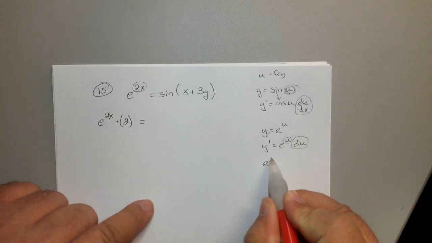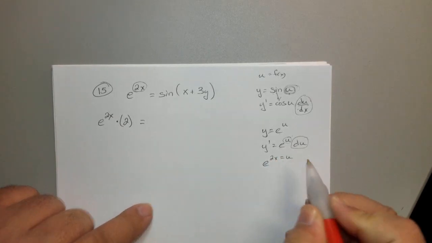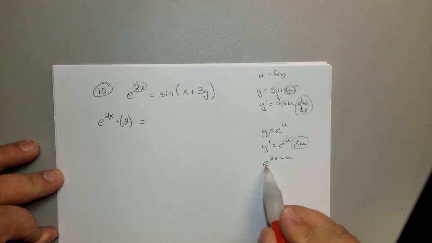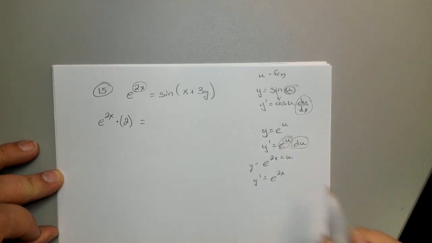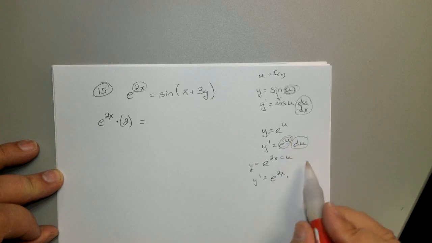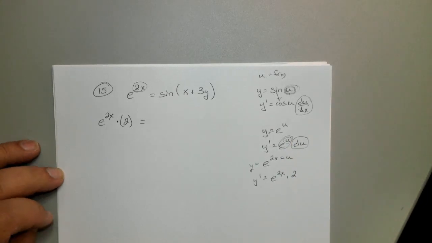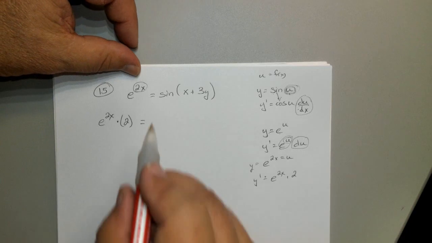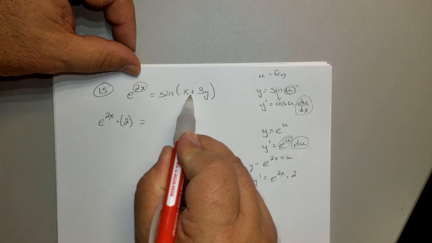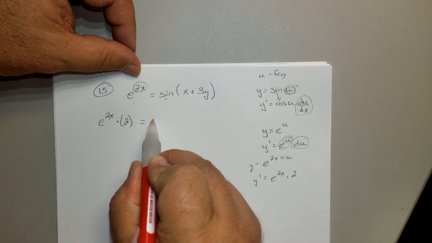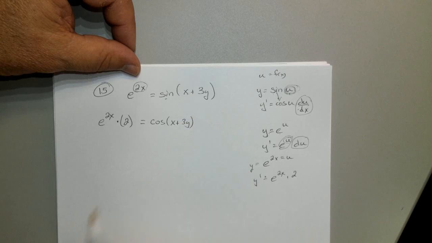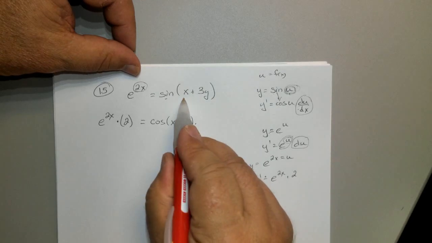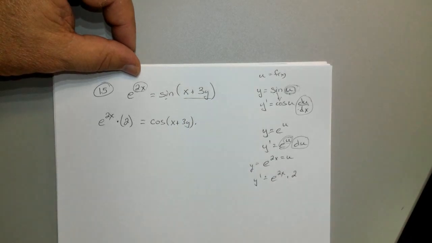So if we had e to the power 2x, that's our u. So the derivative of this is leave e^u alone times the derivative of the exponent. Same thing here. This is sine u. The derivative of sine is cosine, the argument alone, times the derivative of what's inside here.